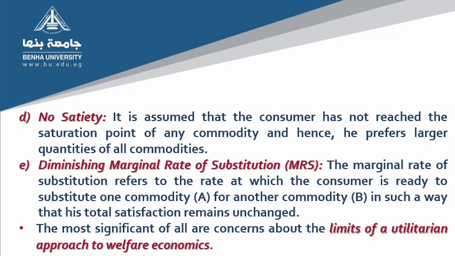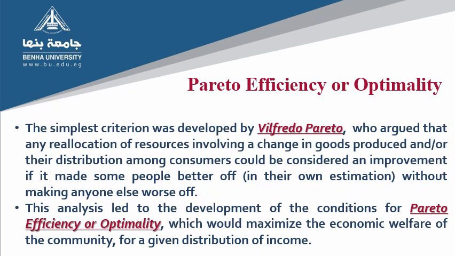The most significant of all are concerns about the limits of the utilitarian approach to welfare economics. Pareto efficiency or optimality. The simplest criterion was developed by Vilfredo Pareto, who argued that a reallocation of resources involving a change in goods produced and their distribution among consumers could be considered an improvement if it made some people better off without making anyone else worse off.